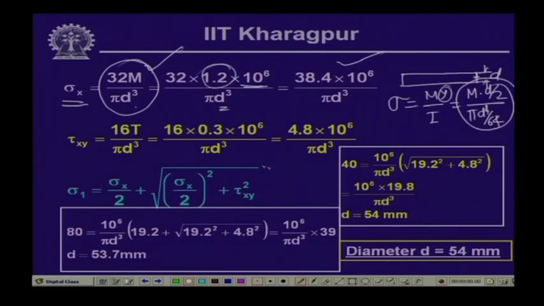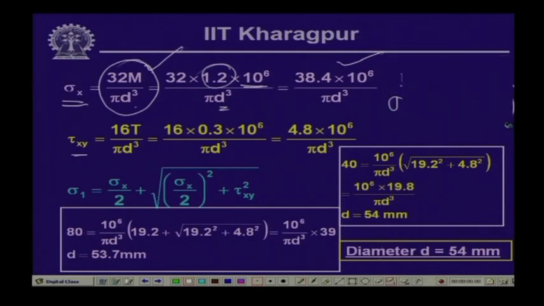Now, consequently, when we have the twisting moment, that will introduce the shearing stress, and again as you know, the value of the shearing stress will be equal to T rho by J. Rho is the maximum distance from the center, which is d by 2 again.